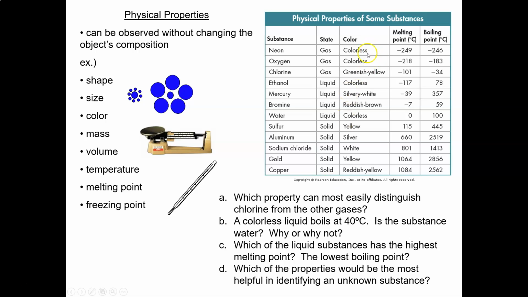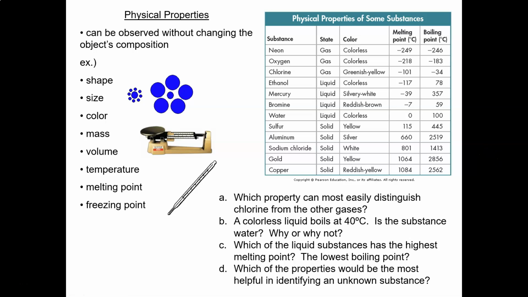We could use color. But again, we're going to run into a problem because there are multiple things out there with the same color. So that's really not going to be unique enough to narrow down which one it is. Is there any of these substances that have the same melting point or the same boiling point as each other?